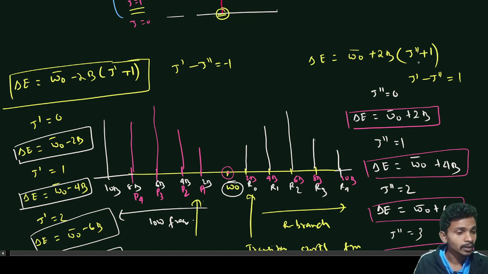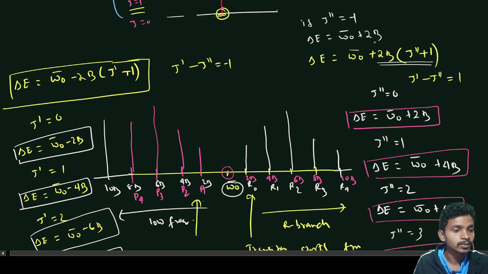This is the equation. So to get this omega naught, for subtracting this whole value, how will we subtract? If J dash becomes minus 1, then we can get delta E equal to omega naught plus 2b, and J dash is minus 1, plus 1, then this is 0.